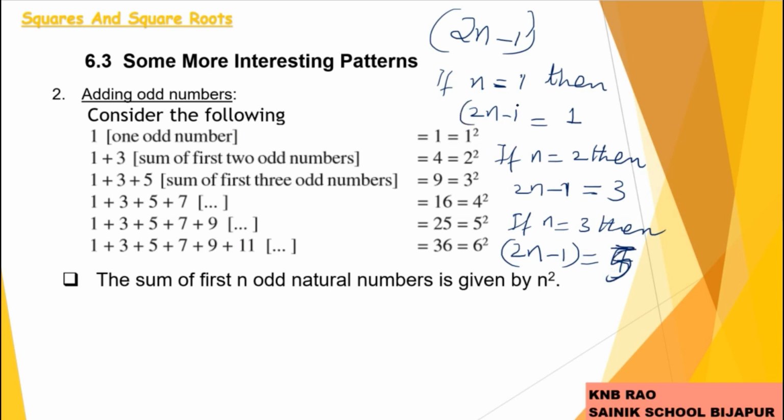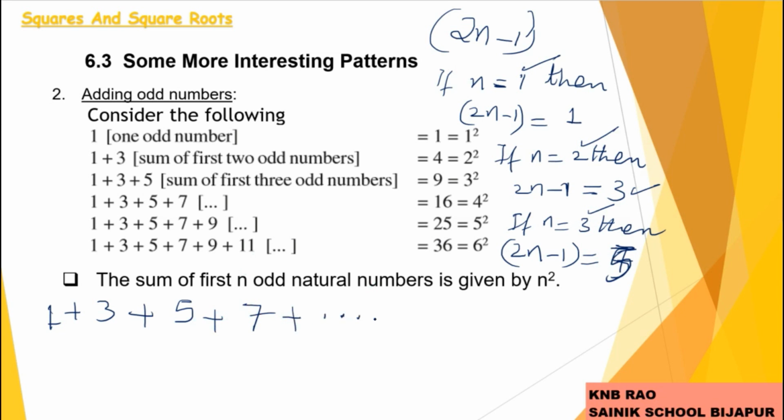Now observe, our odd numbers are 1, first odd number, second odd number is 3, third odd number is 5, and fourth odd number is 7. 2 4s are 8, 8 minus 1 gives 7.